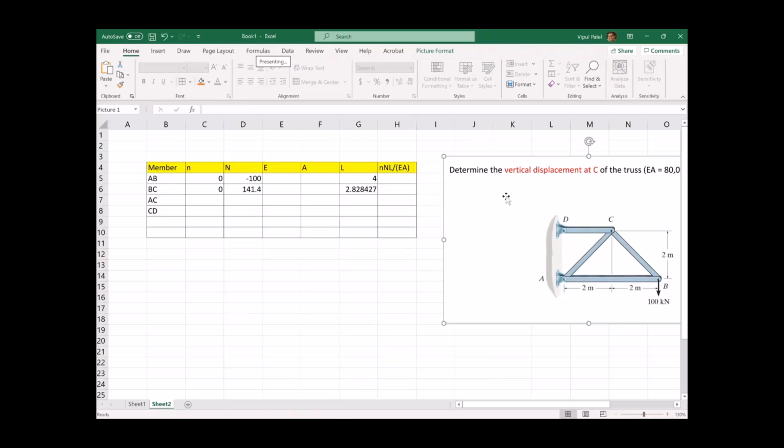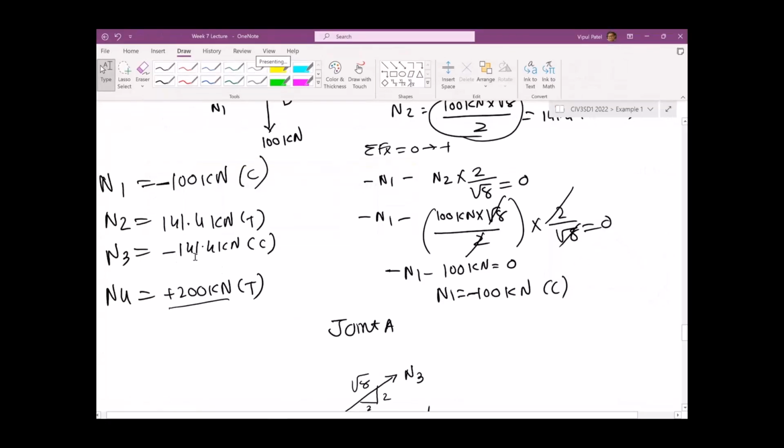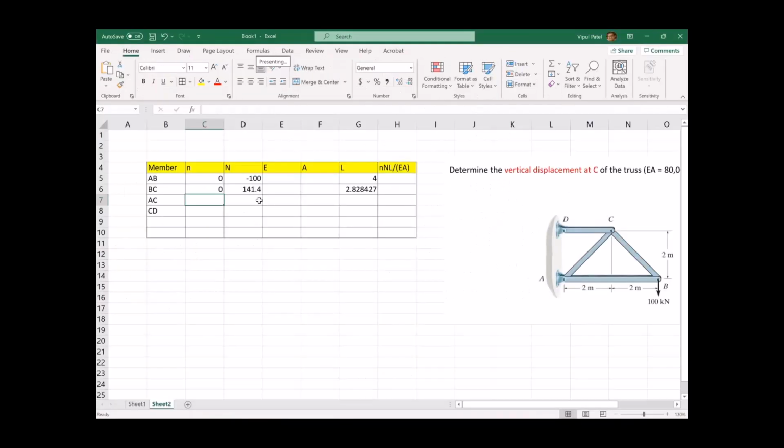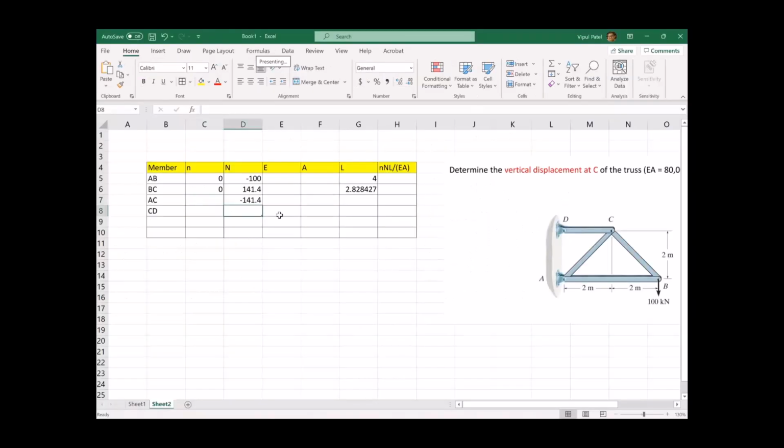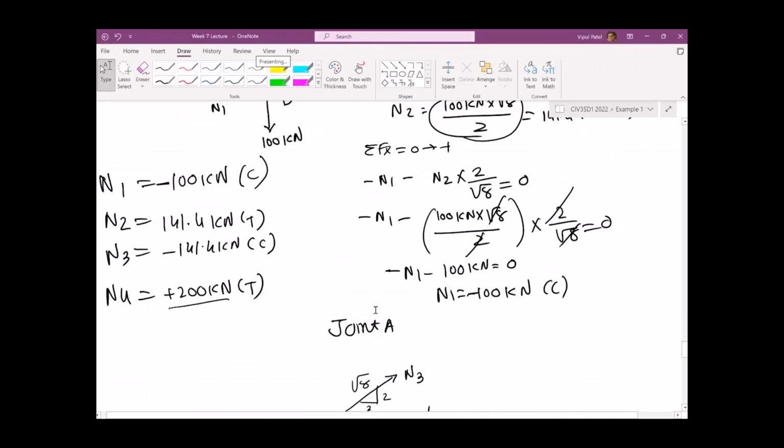Now we got AC. AC is number 3, so minus 141.4, and this small n we need to find. n4 is 200 positive, and small n3 and small n4. Let me go back and put the value there.